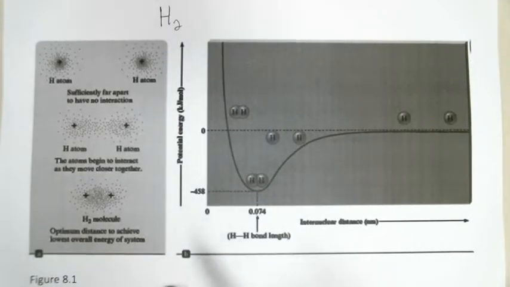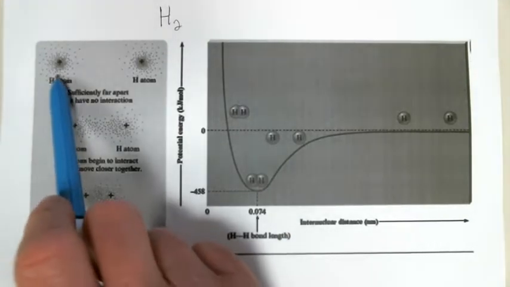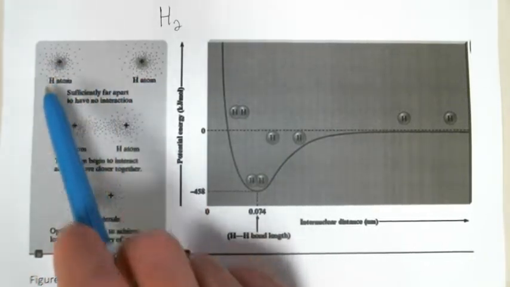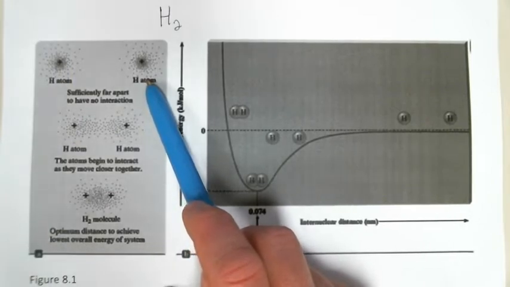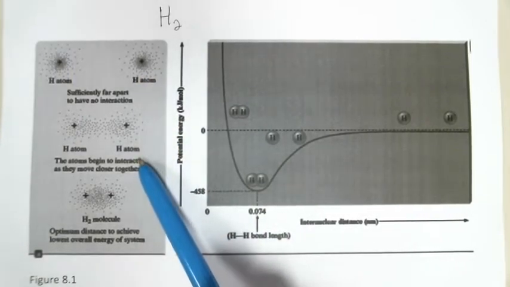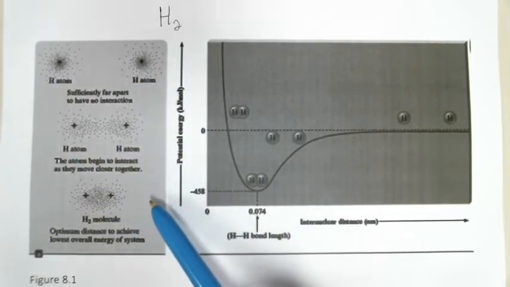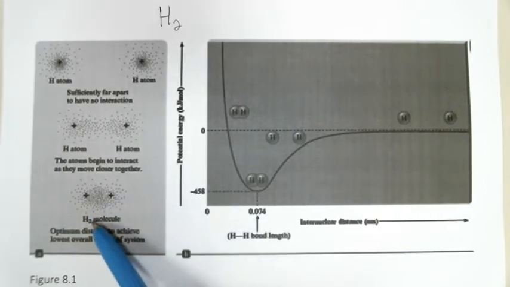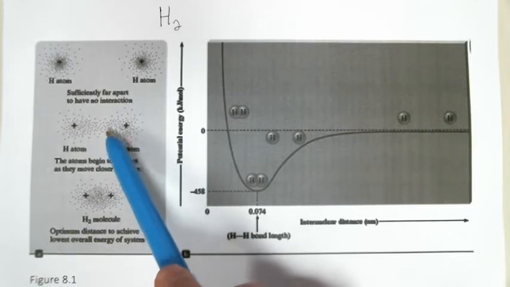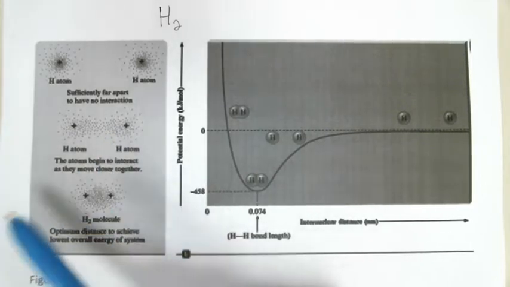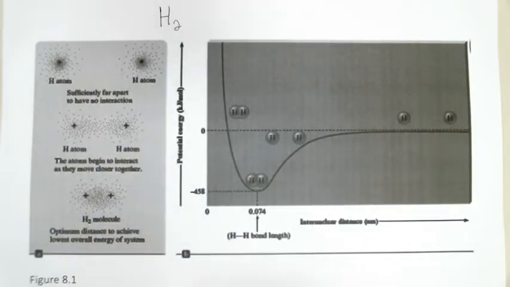But the idea here is that we've got two hydrogen atoms that are far apart, and they're not interacting at all. And when you bring them closer together, they start to interact. And then finally, we have a hydrogen molecule. And these little dots are supposed to represent that electron. We can call it an electron cloud.